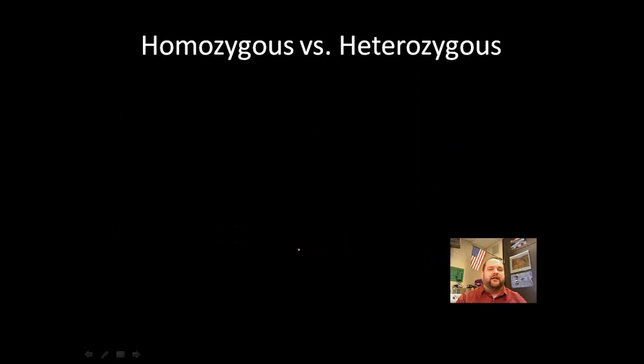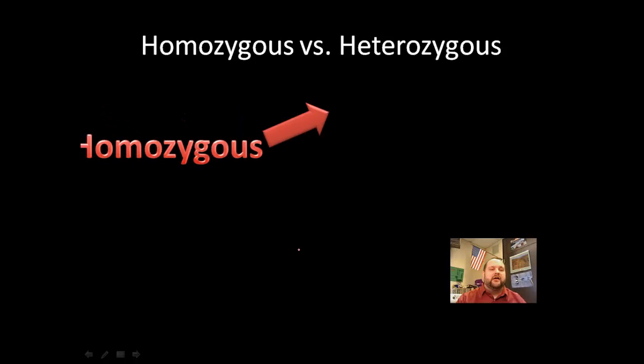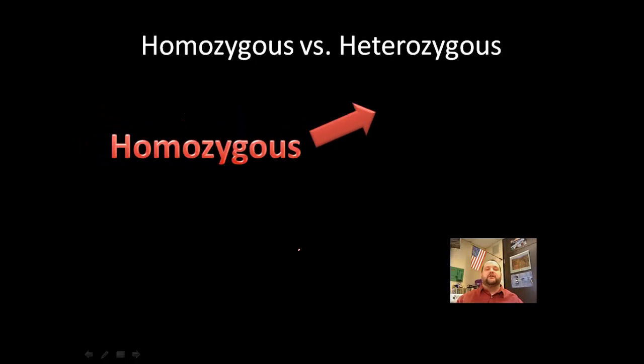If we move on from there, let's talk about these terms homozygous and heterozygous. I'm talking about only genotypes here. Our genotypes can either be homozygous or heterozygous. What do I mean by that? A homozygous genotype has two of the same alleles.